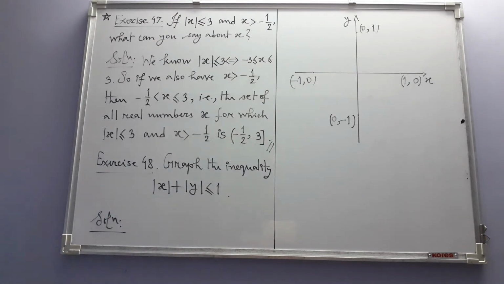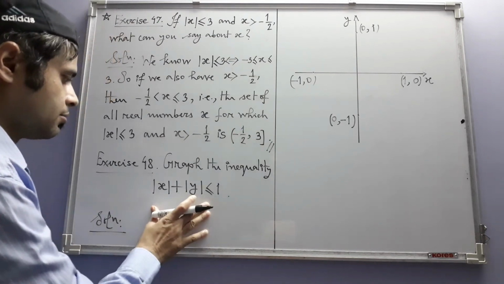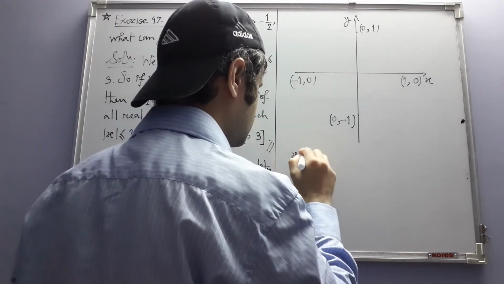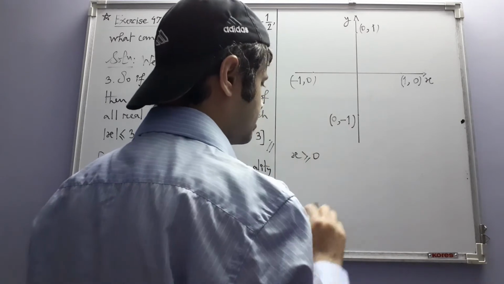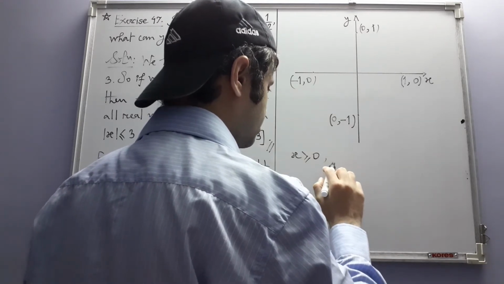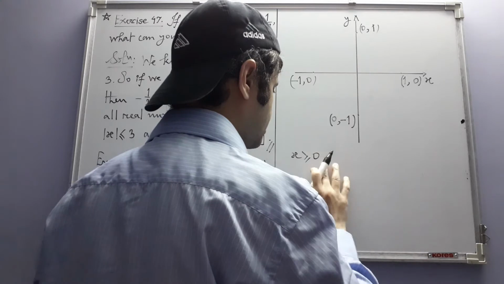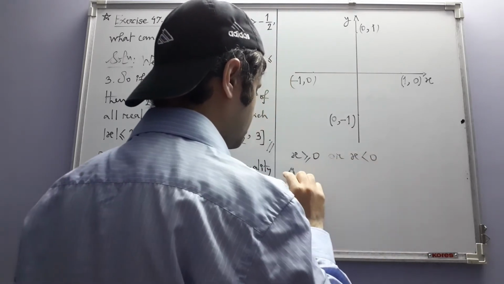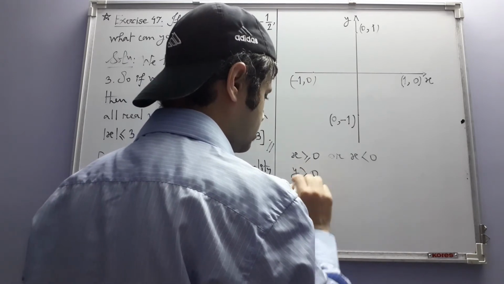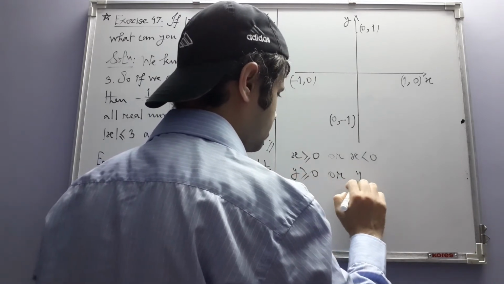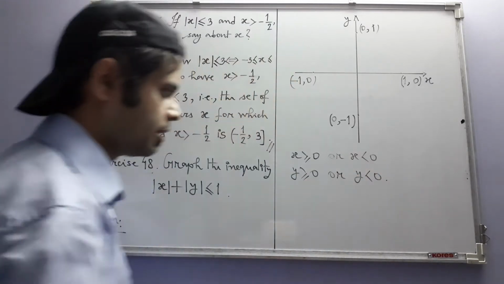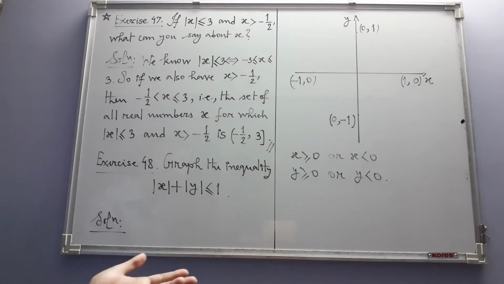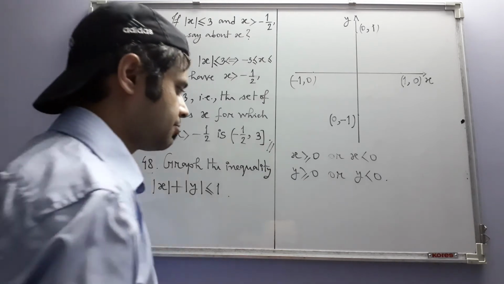Okay, now there are cases, these are the cases: x is greater than or equal to 0 or x is less than 0, and just like that y is greater than or equal to 0 or y is less than 0. Combining these things, we will get 4 situations, 4 cases will be there.